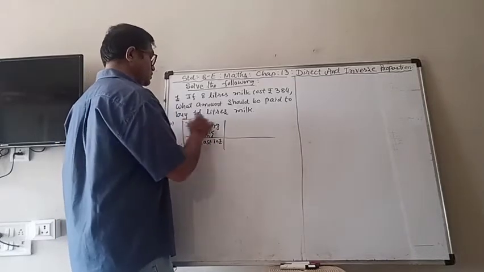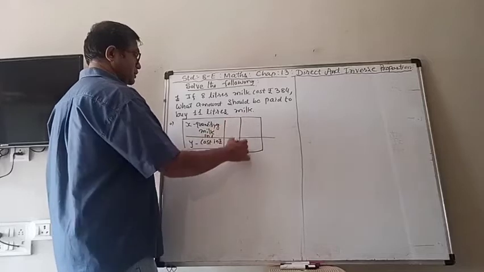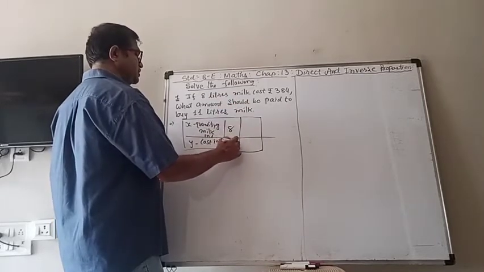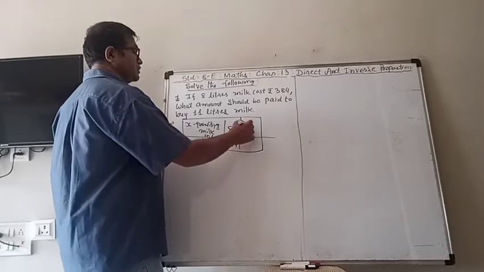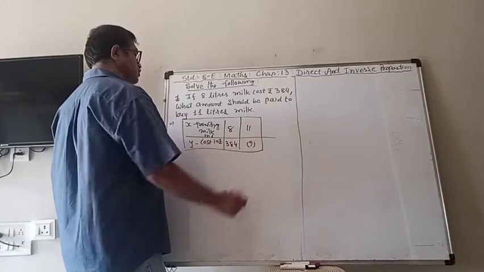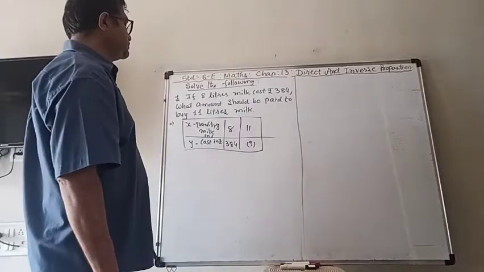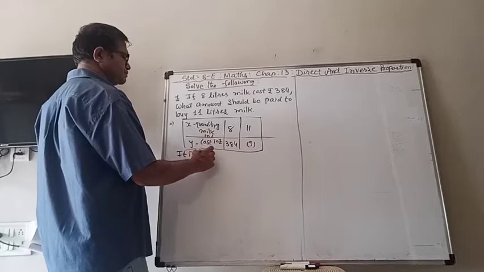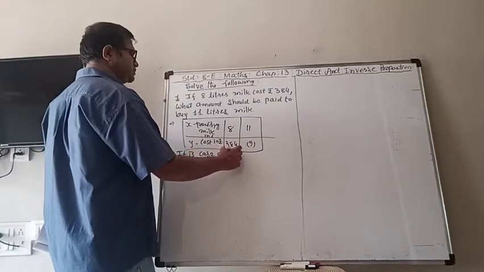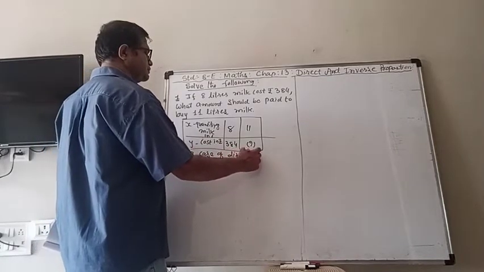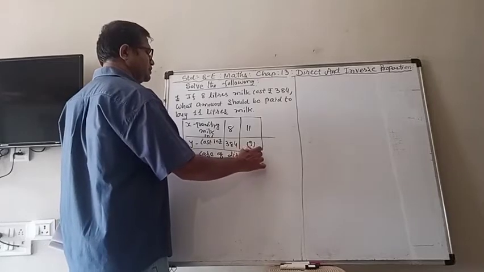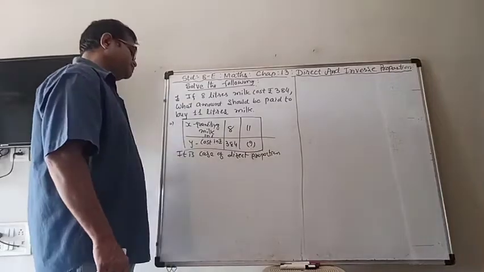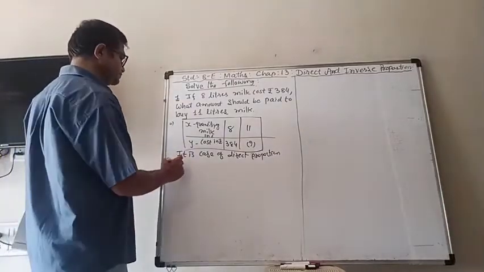Given that 8 liter milk cost is 384 rupees, we have to find the cost of 11 liters of the milk. Obviously it is a case of direct proportion, because if the quantity increases, the cost will increase.